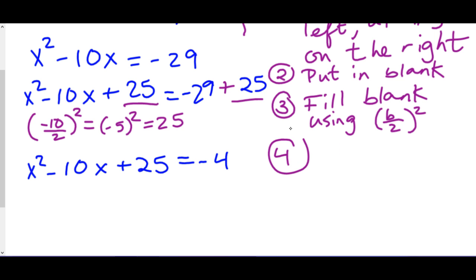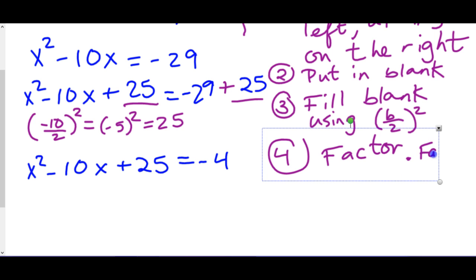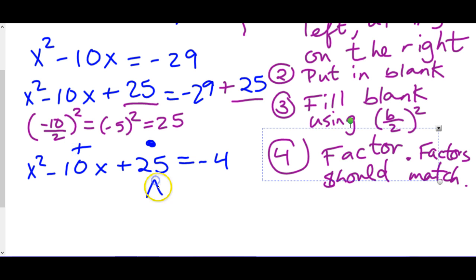Okay, our next step is to factor, and we want the factors to match. So we want numbers that multiply to be 25 and add to be negative 10.